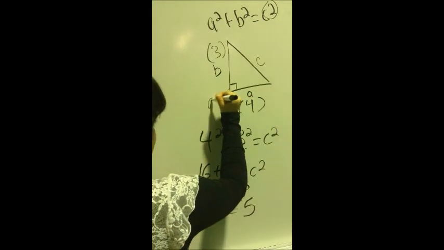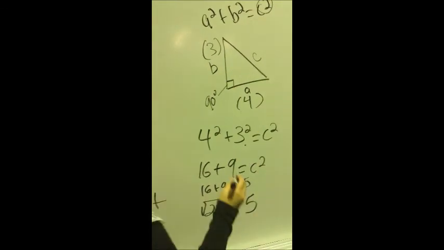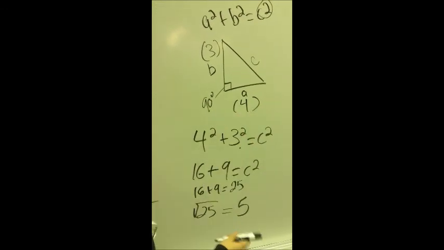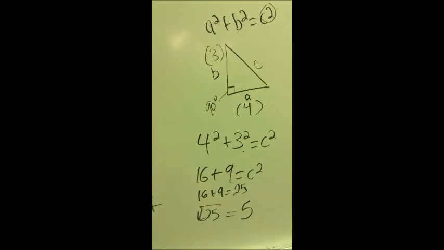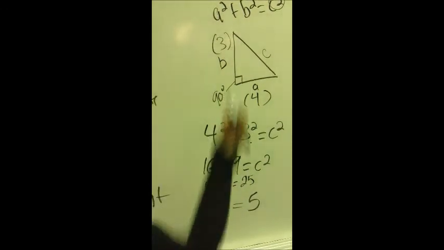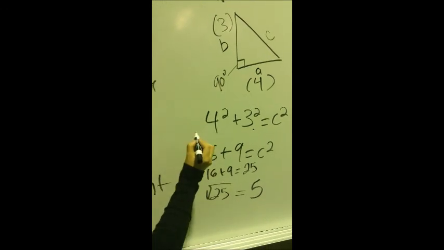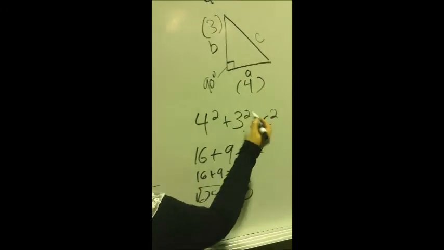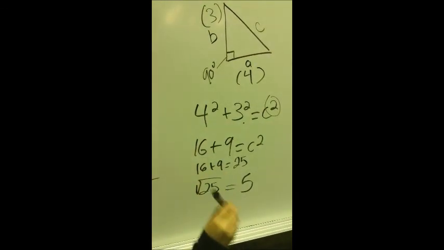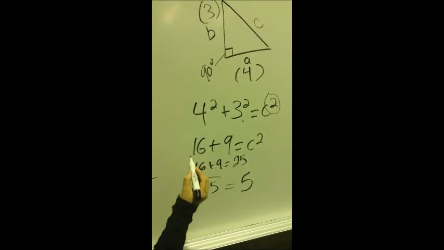This is a 90-degree angle. Say that A is 4, B is 3. We input these numbers into our equation, and it becomes 4 squared plus 3 squared equals c squared. Always remember that it is squared, not the exact answer.